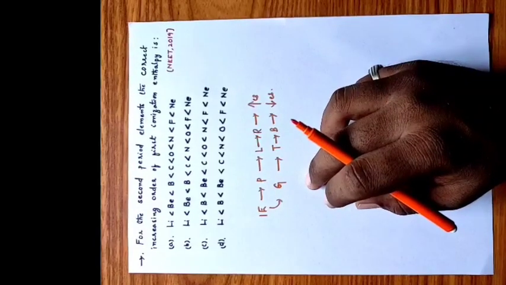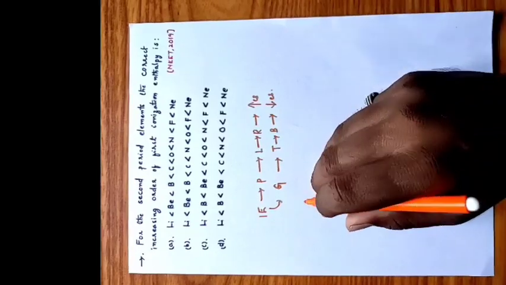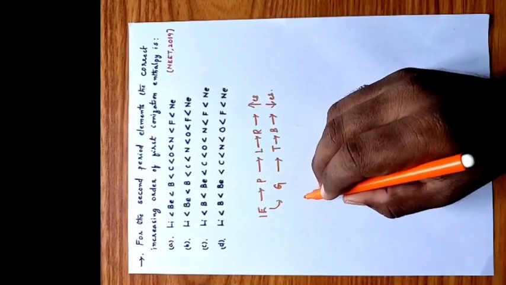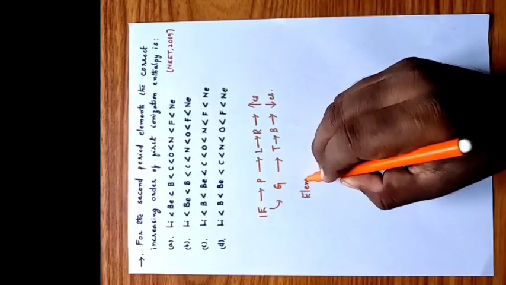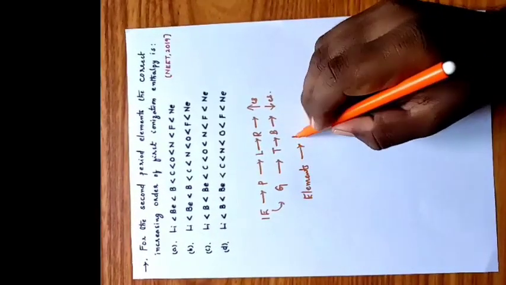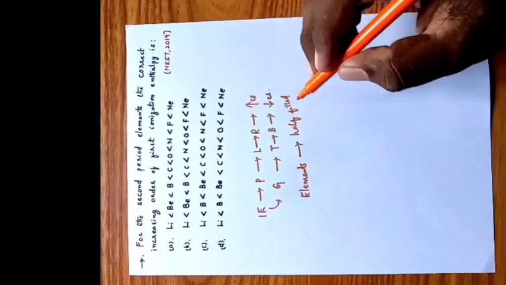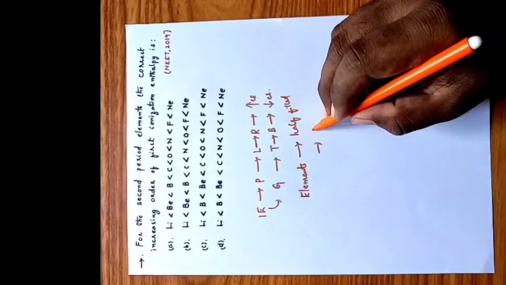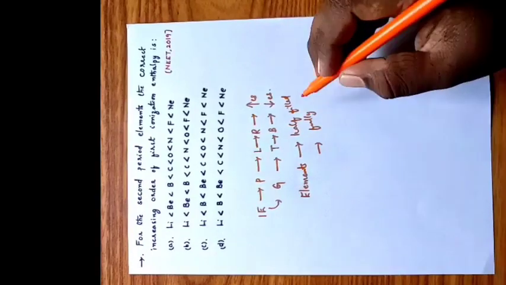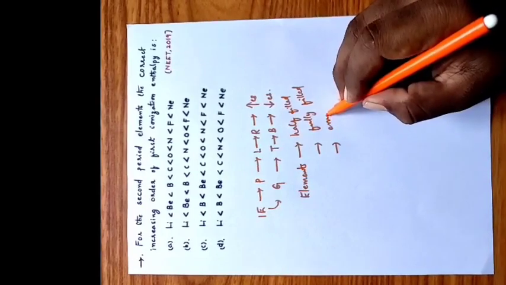It increases from left to right, but practically we have another small important point here, that is elements with exactly half filled electronic configuration or fully filled electronic configuration or even empty.